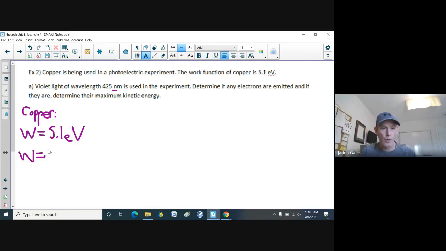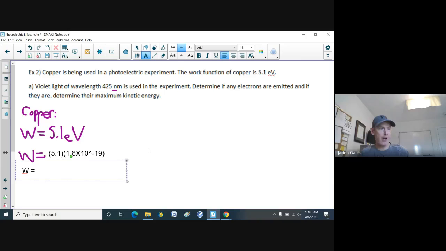So I'm going to take my 5.1 and multiply it by my 1.6 times 10 to the power of negative 19. That will tell me how much energy I'm going to need for an electron to be removed from copper.